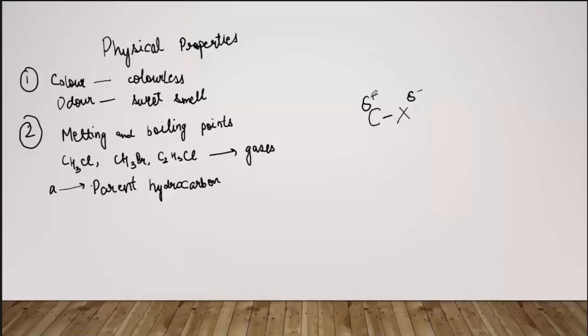When these charges appear, the interaction between them because of these partial charges is known as the dipole-dipole interaction. And the van der Waals forces are also a very weak kind of forces of attraction. So these two forces are considered here. That means the forces of attraction are more in the case of alkyl halides. For this reason, the halides have higher boiling points as compared to the parent hydrocarbon.